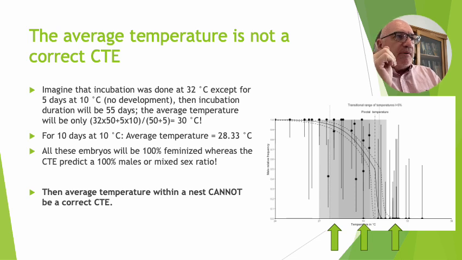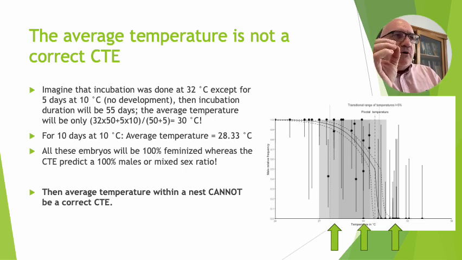The average temperature will be 32 for 50 days, 5 days at 10 degrees Celsius. Then the average temperature will be 30 degrees Celsius. For 10 days at 10 degrees Celsius, the average temperature will be 28.33 degrees Celsius.